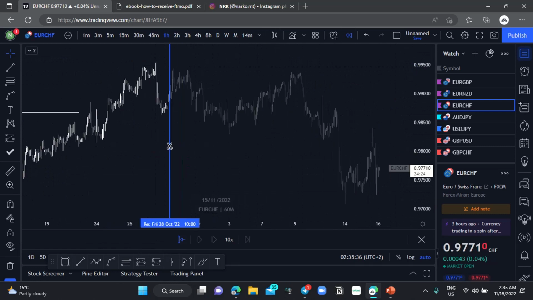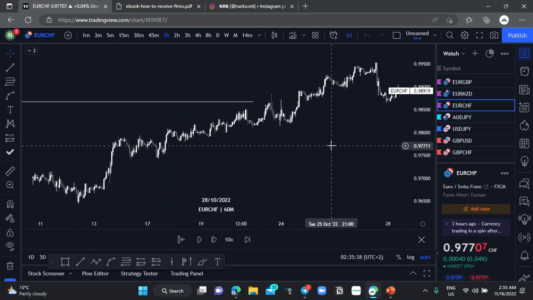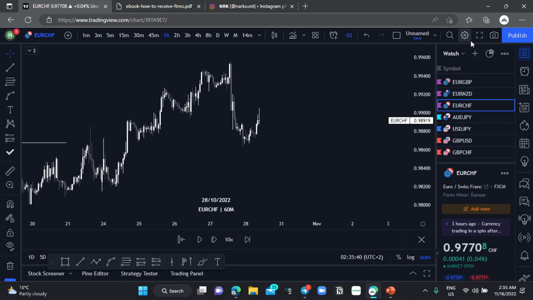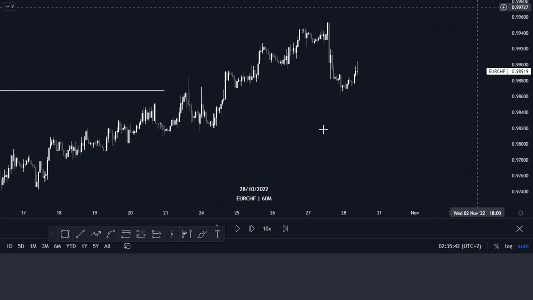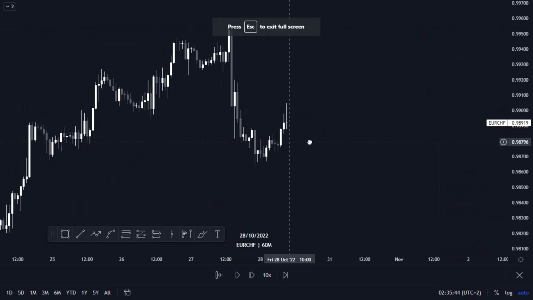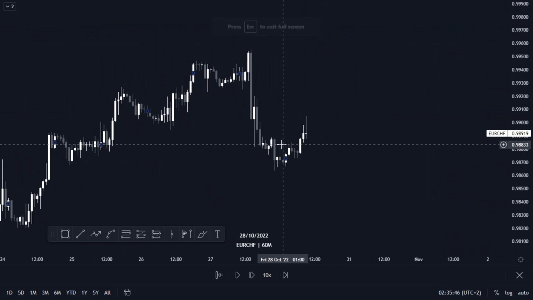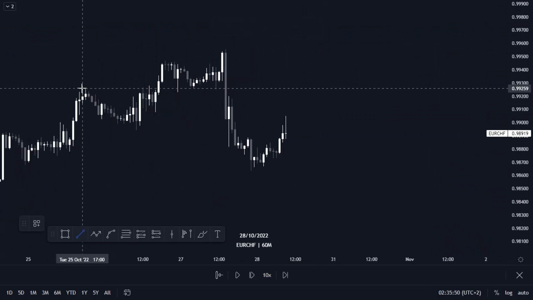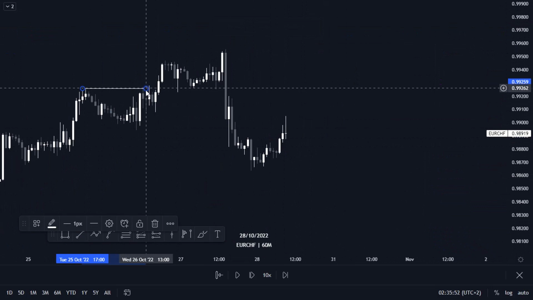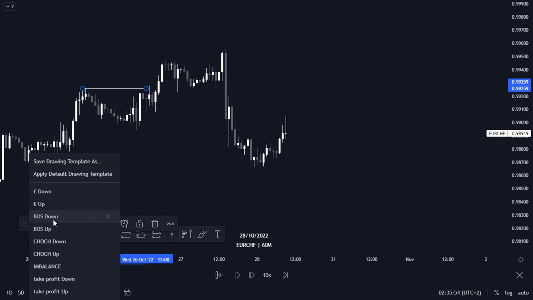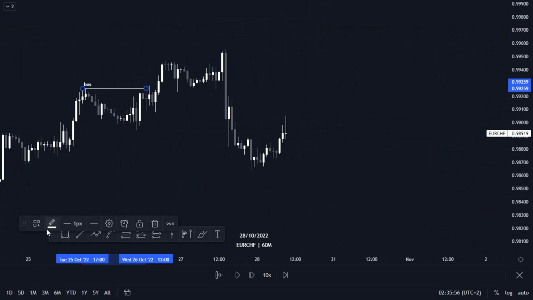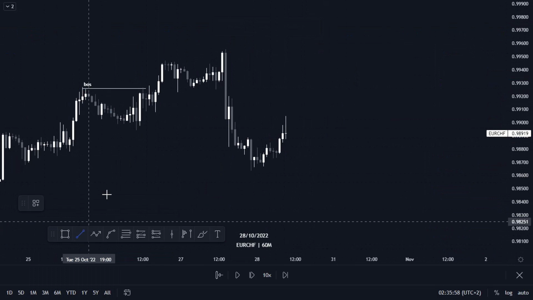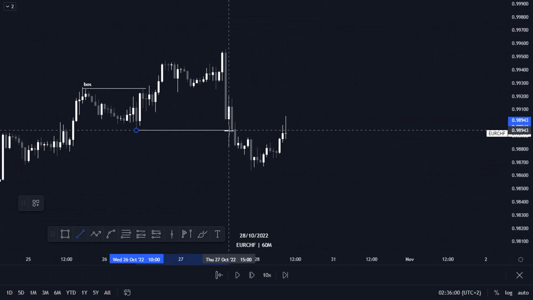Here we can see that price has been pushing down beautifully. Here we have a break of structure, and here we have a change of character.